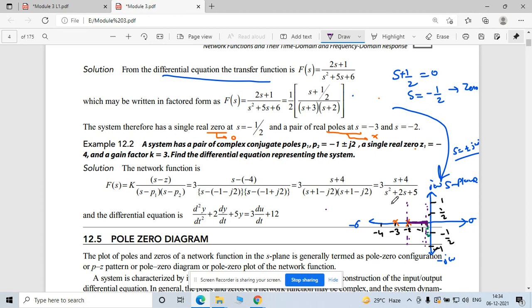For the second one, see here, how many poles or zeros lie on the right side of this pole location? The total number of poles and zeros is 2. Pole and zero means you have to add both. One pole, one zero, total number of 2. So if there is an even number of poles and zeros on the right-hand side of that pole, then your root locus does not lie at that pole.